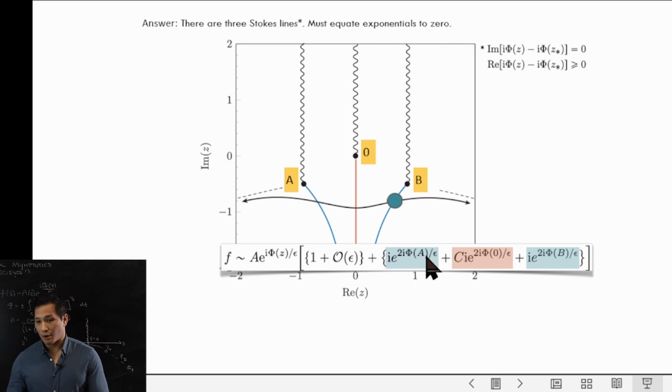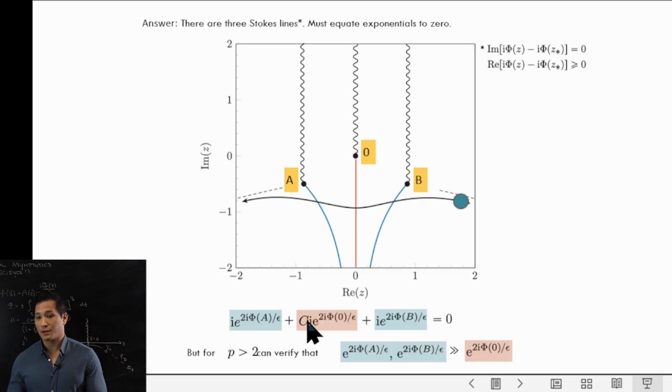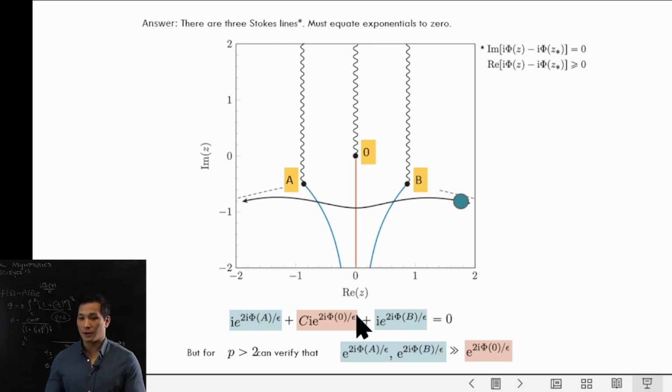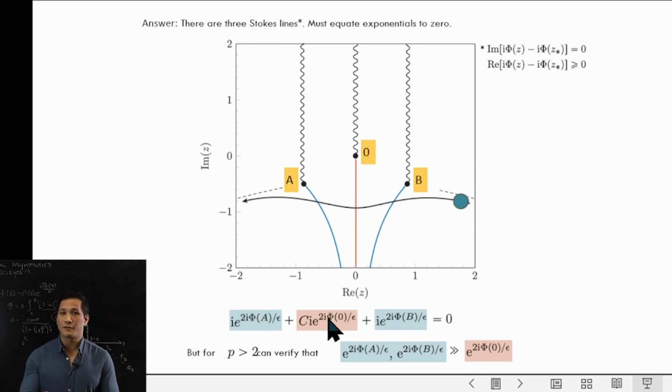And all the exponentials, because of the way the problem works, are related to this big φ function, just evaluated at different locations, okay? And the idea is that by the time you get to the right-hand side, you need everything to be equal to 0 in order to satisfy the necessary boundary conditions. So the first exponential from A, the third one from B, and the central one from 0 if it's applicable, if the one from 0 is needed.